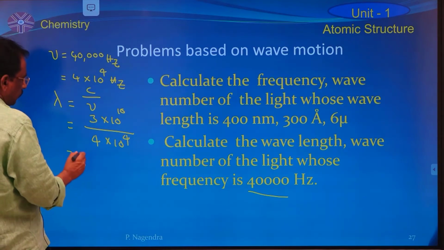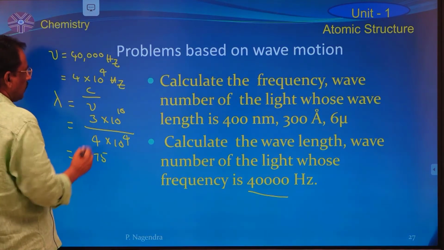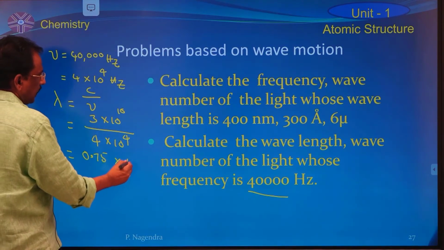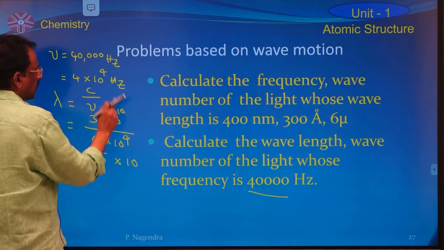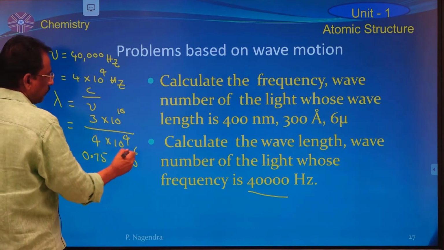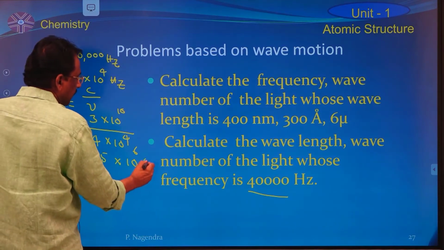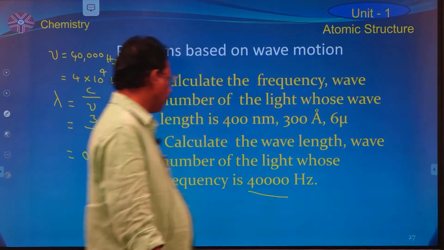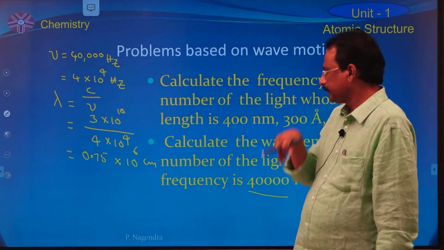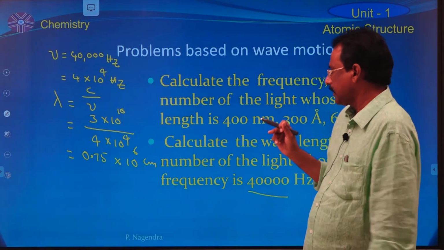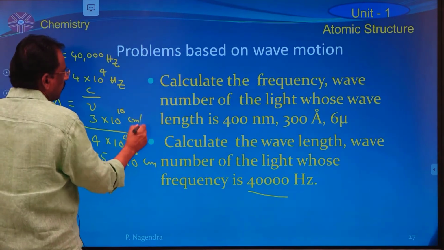This is equal to 0.75 into 10 power 10 into 10 power minus 4, that is equal to 10 power 6 centimeters. So from frequency, lambda is equal to c by nu. C is expressed in centimeter per second.